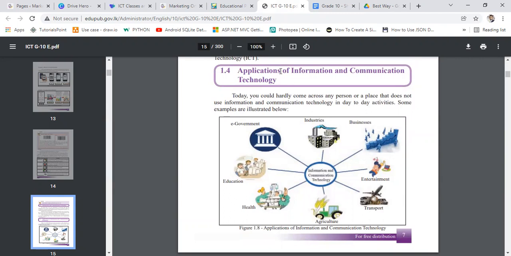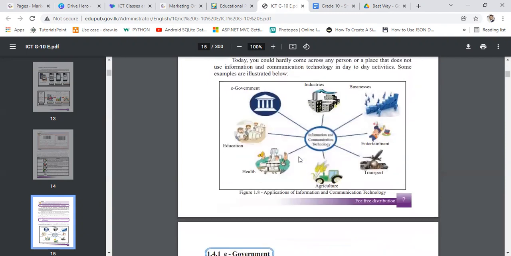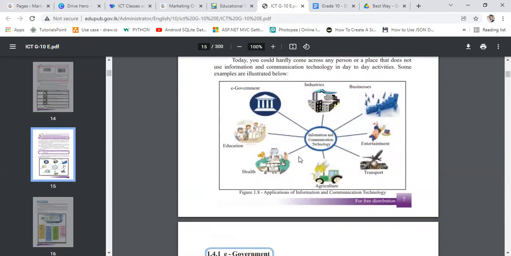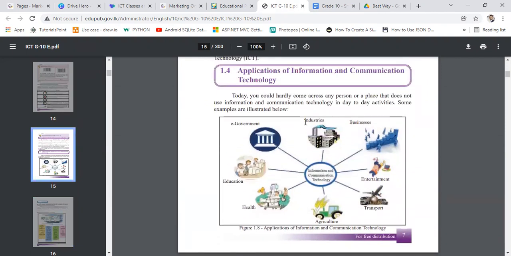Because of that, we can't skip any of the sectors in this section. In your book, they have mentioned e-government, industries, companies, business, entertainment, transport, agriculture, health, education. That's what they have mentioned. But there are so many sectors, and every sector is using ICT.